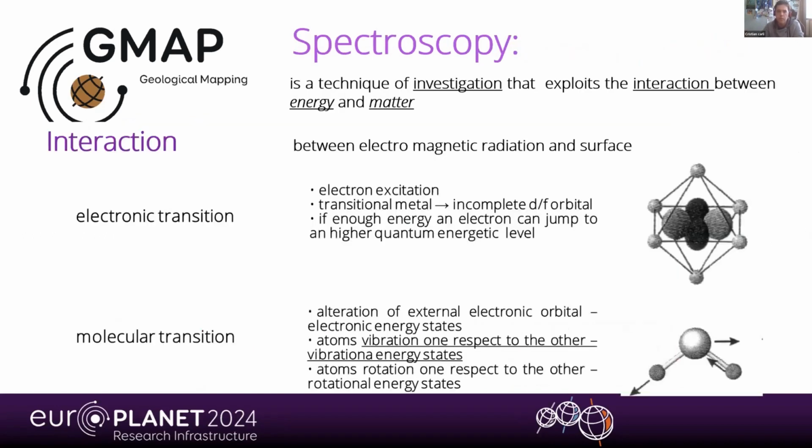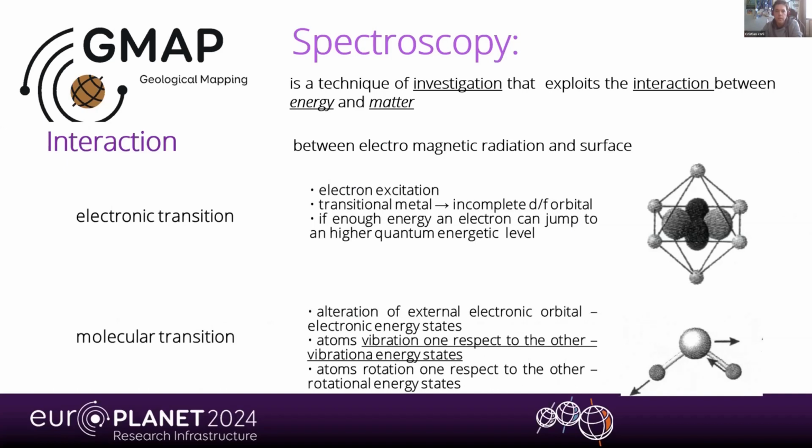In this spectral range, we can study it thanks to spectroscopy. So thanks to the interaction between energy and the surface, there are different types of absorption processes related to typical electronic transitions or molecular transitions. The former are generally related to the presence of some transition metals within the material present on the surface, and so give us information about, for instance, mafic mineralogy.